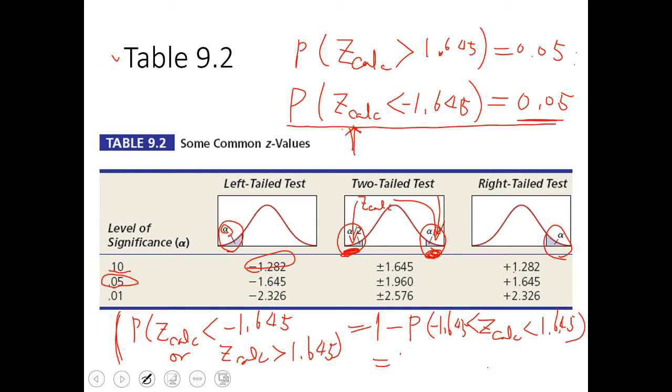So finally we have 1 minus 0.95, and we obtain 0.05. So these numbers have that meaning.